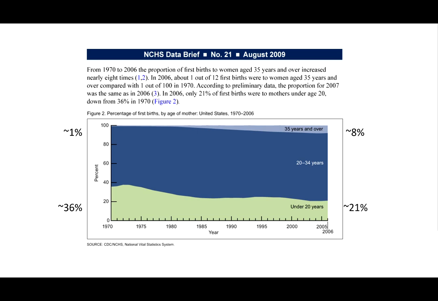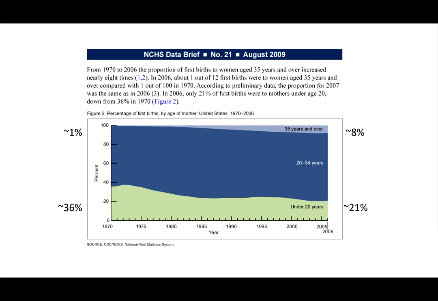And I want to really draw your attention to the difference between 1970 and 2006 for women who are under 20 years. Notice that 36% of women who were having their first birth were under 20 years of age in 1970. And contrast that to 2006, when only 21% of the women who were giving birth for the first time were under 20.